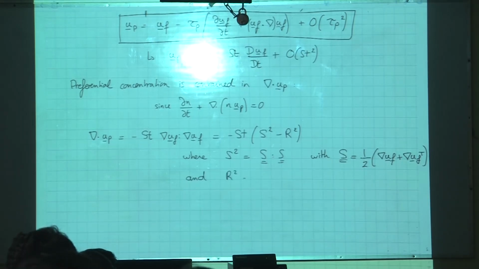And R squared is the double contraction of the R antisymmetric tensor, which is the rotation rate tensor, the antisymmetric part of the fluid velocity gradient tensor.